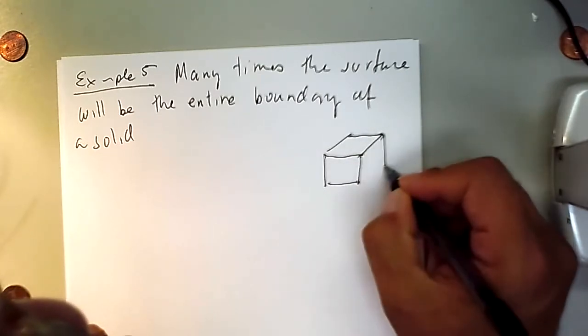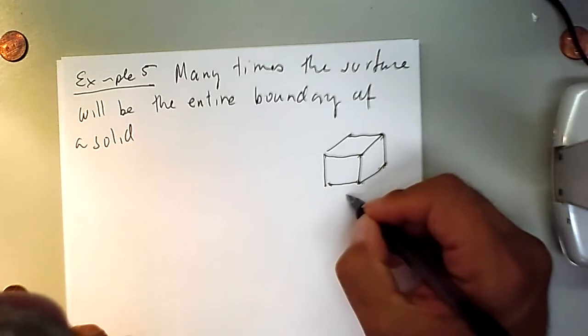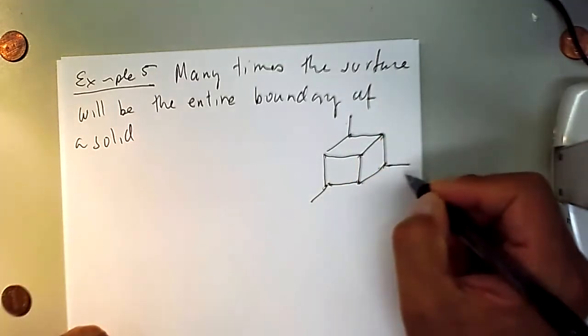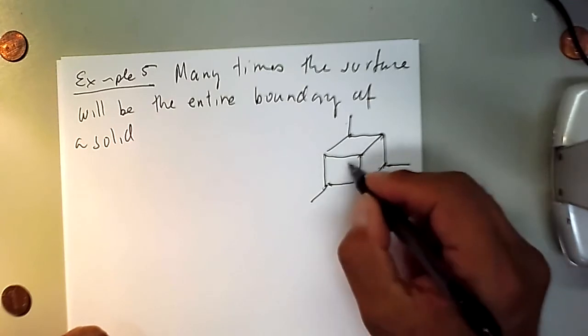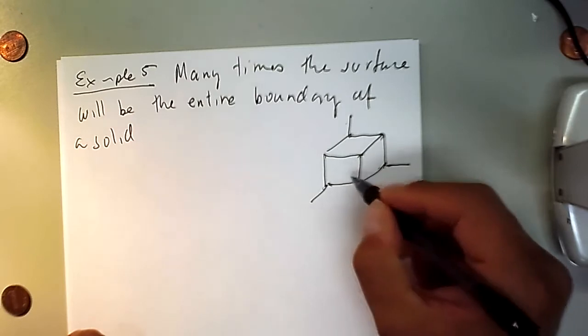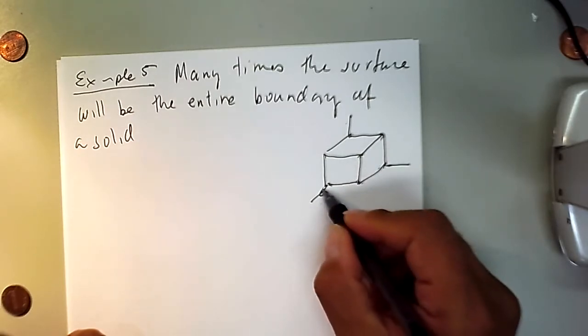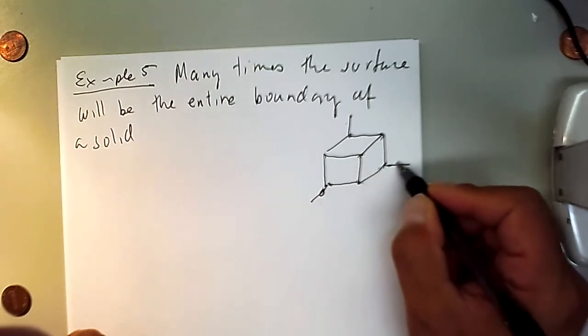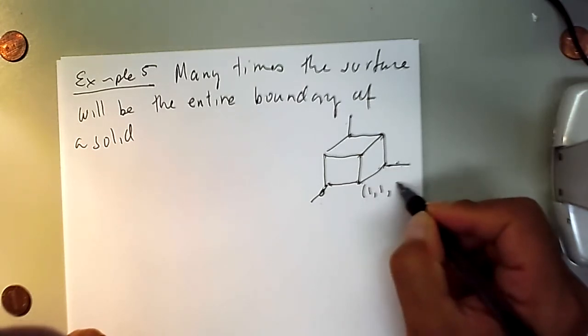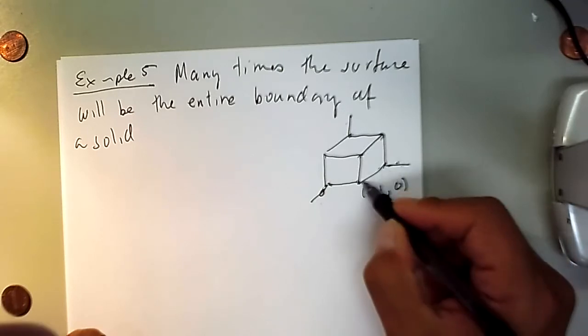So each side is 1, and the height is 1. And this cube is located such that the back lower corner is on the origin. So this cube goes from 0 to 1. So this point here would be 1, 1, 0. And then 1 unit above.